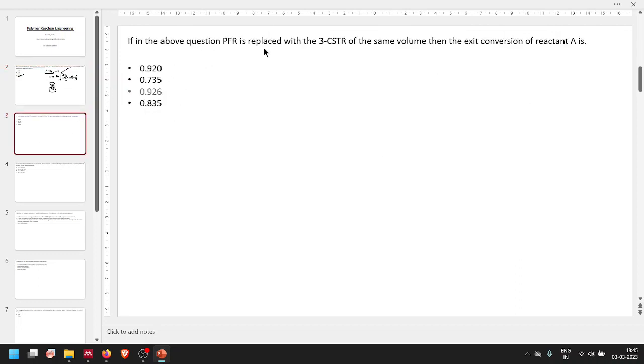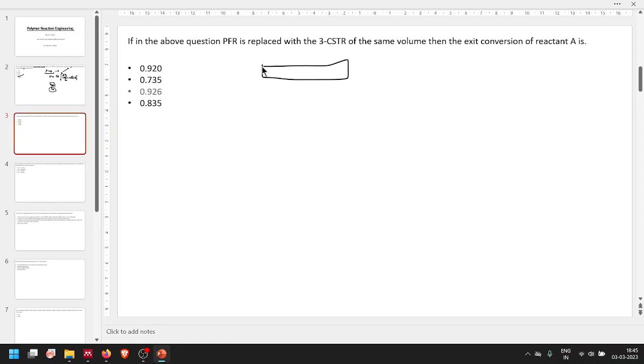Moving on to the next question. Leading from the first question, if the PFR is replaced with three CSTRs of the same volume, then the exit conversion of the reactant is. Now we know that in a CSTR, the concentration decreases rapidly as soon as the reactant enters the CSTR reactor.